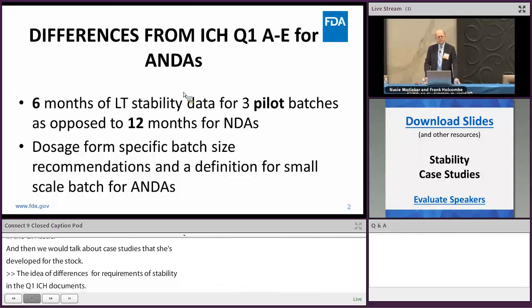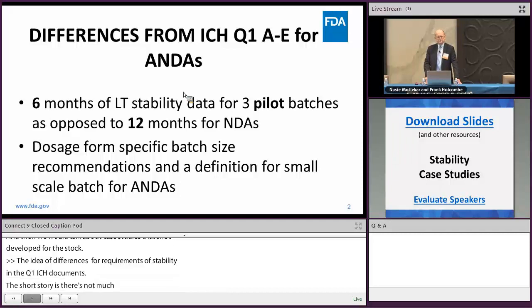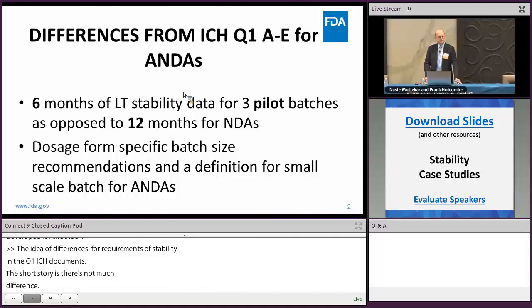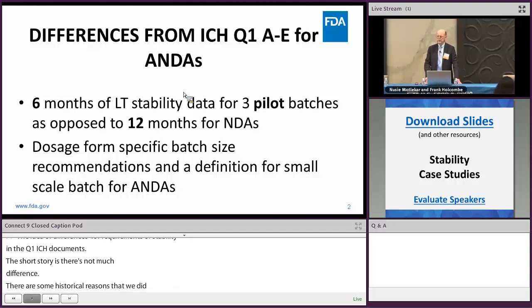There are some historical reasons that we did not apply ICH to generic products initially. As time went along, some of those reasons disappeared.